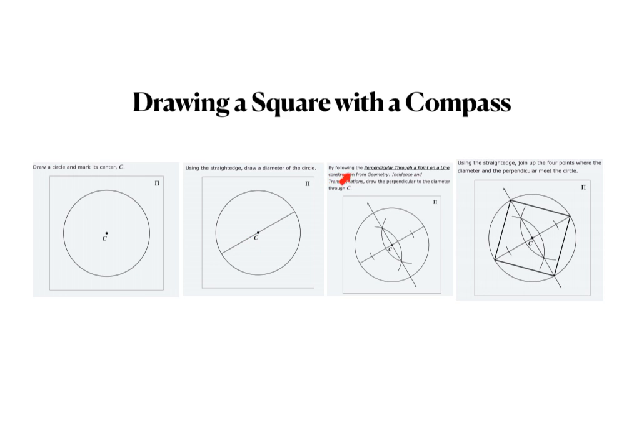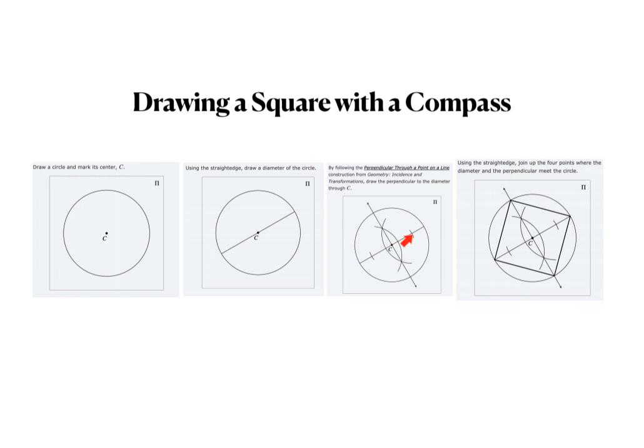So to do that, you're going to follow the perpendicular through a point on a line construction from geometry, incidence, and transformations. We're going to draw the perpendicular to the diameter through C. So the way you do that is that you have your first diameter here. You move your compass so that it's not quite as long as that circle. Then you mark the points on that radius.